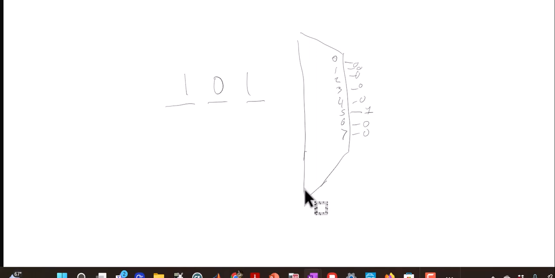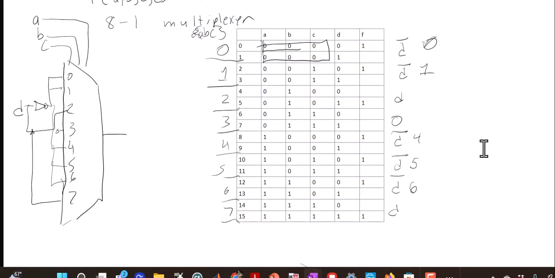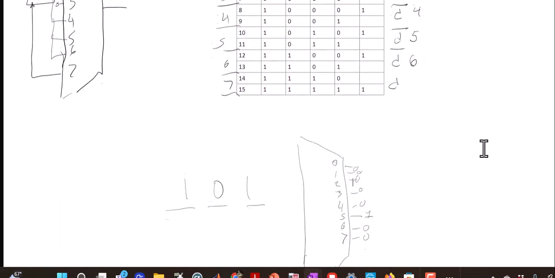So how am I going to make that work with my function? Let's see, what was my function? Here it is. So 0, 2, 5, 8, 10, 12, and 15.